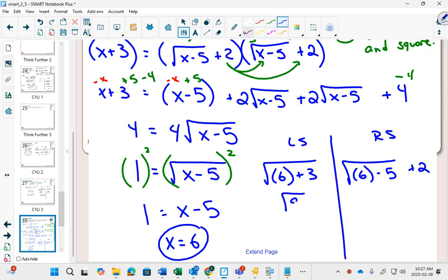This is the square root of 9. This is the square root of 1 plus 2. Those square roots you can figure out. Square root of 9 is 3. Square root of 1 is 1, plus 2 is 3. These work, so our answer is correct.